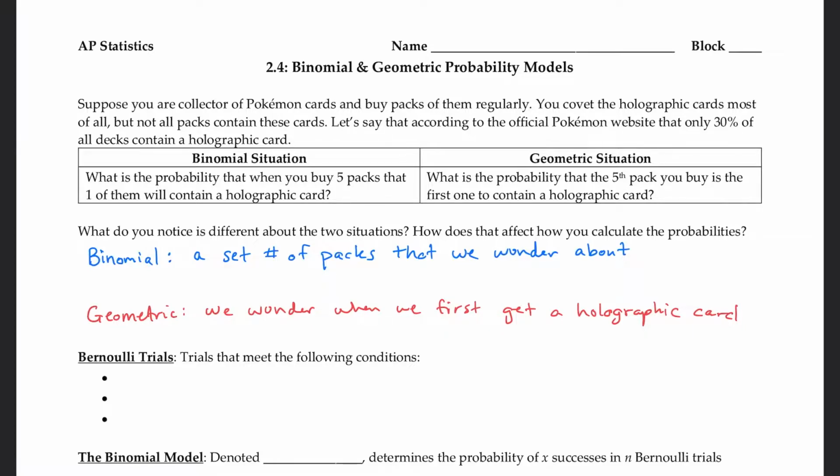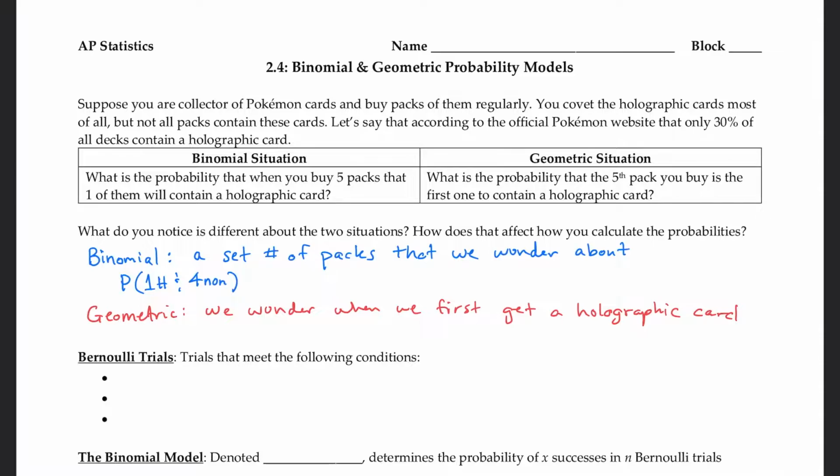Because for that first one with the binomial, what we're really thinking about is, what's the probability that we have 1 holographic card and 4 non-holographic cards? And in that scenario, there are actually 5 different ways you can do that, right?